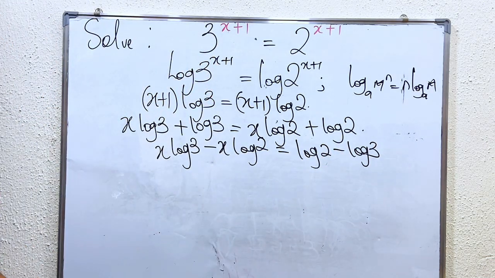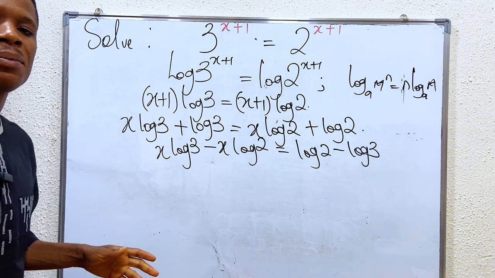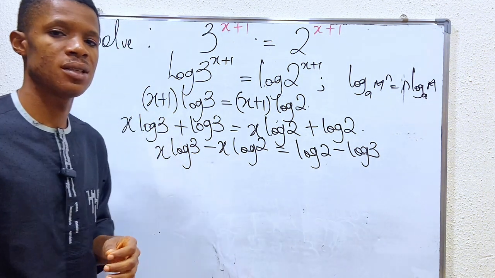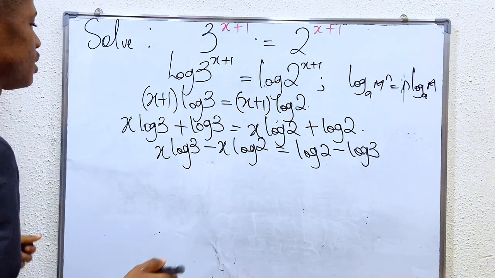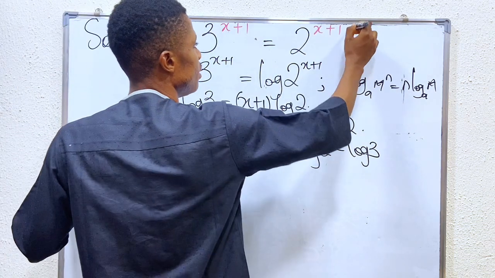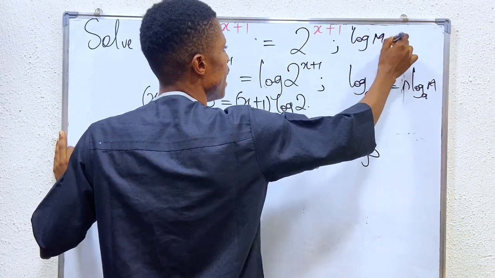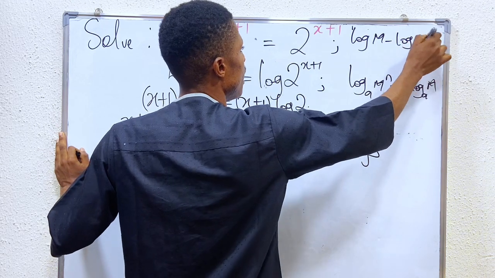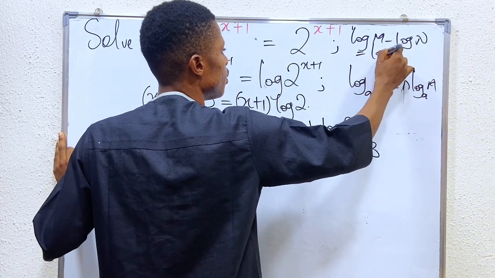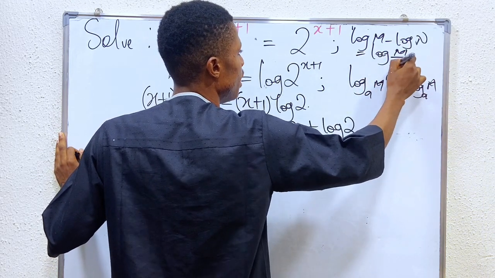Okay, good. One thing we have to remember now is the law of logarithm, which says that log m minus log n is equal to log (m over n).